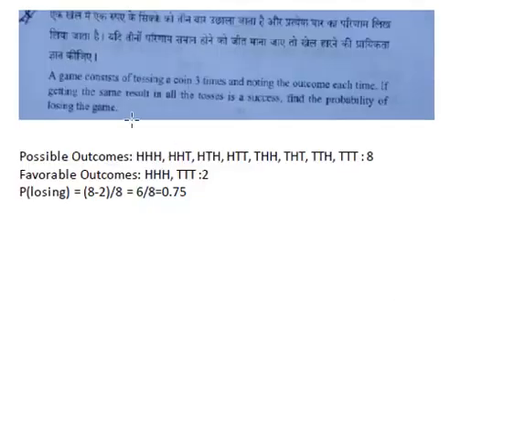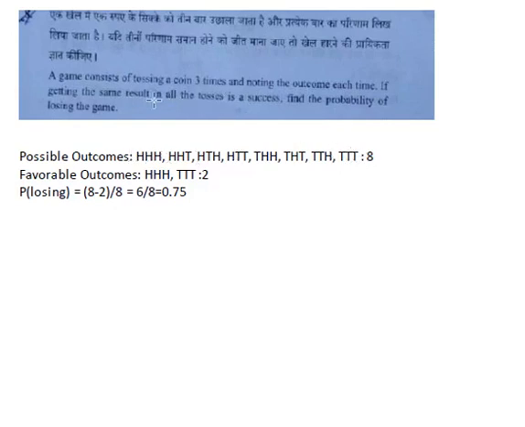In this question, we are given a coin which is tossed 3 times, and we are noting the outcome. If we get the same outcome all 3 times, it is considered a success. We have to find the probability of losing this game. Now we know that the coin is tossed 3 times, the total outcomes will be 2 raised to the power 3, which is 8, and all the possible outcomes are mentioned here.